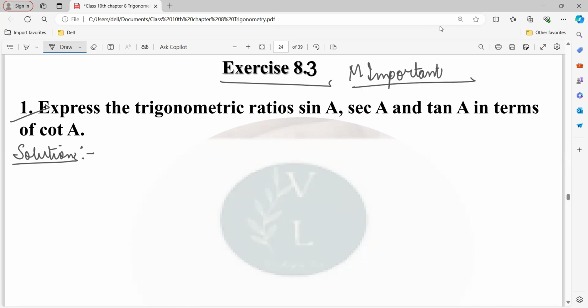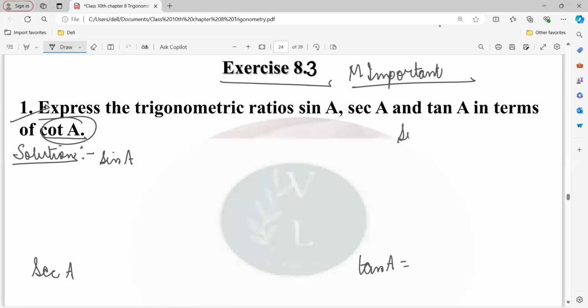The first question is: express the trigonometric ratios sine A, secant A, and tan A in terms of cot A. So we need to find the values of sine A, secant A, and tan A in terms of cot A. To do this, we know the three identities.